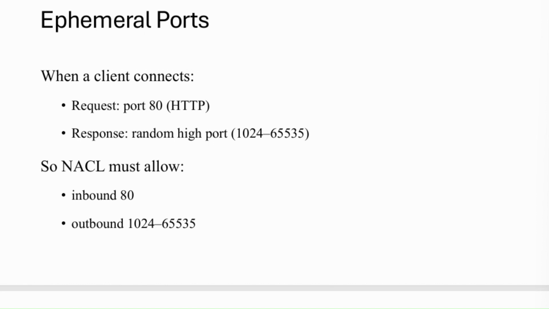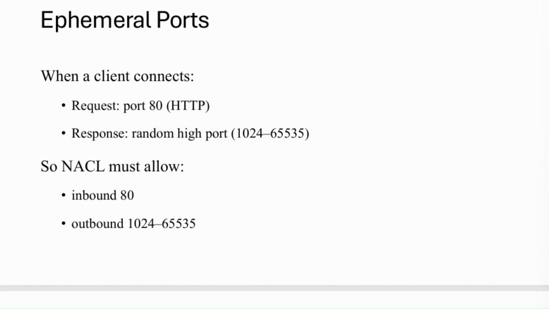Step 2. Your server receives the request. Your server wants to send a response back. Step 3. Your server sends the response, but where? The server sends the response back to port 5000, not to port 80. Why? Because port 5000 is where the person's computer was waiting.